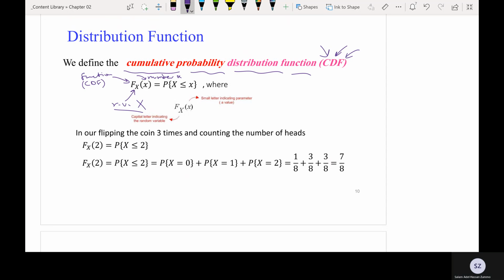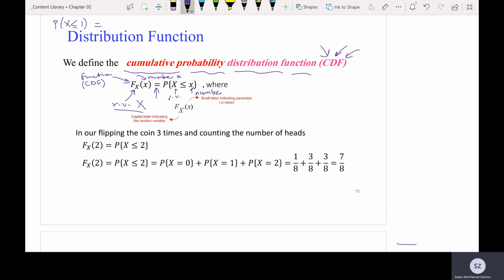What does this function mean? By definition, it's equal to the probability that the random variable X is less than or equal to the number small x. Okay? Remember, earlier we said what is the probability that X is less than or equal to 1, and we found this probability.